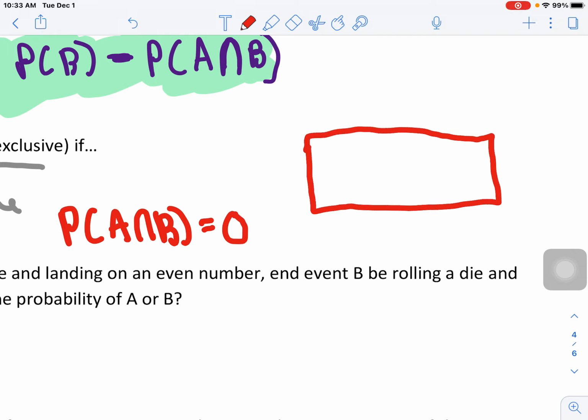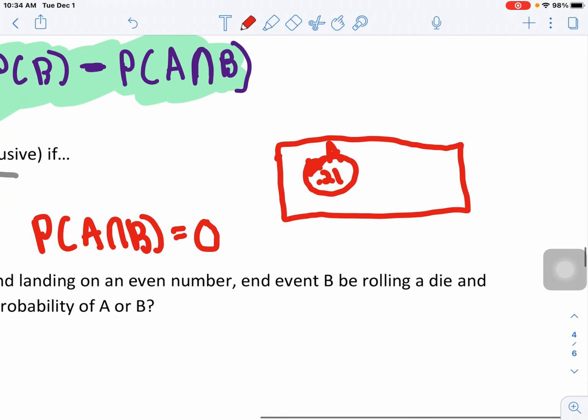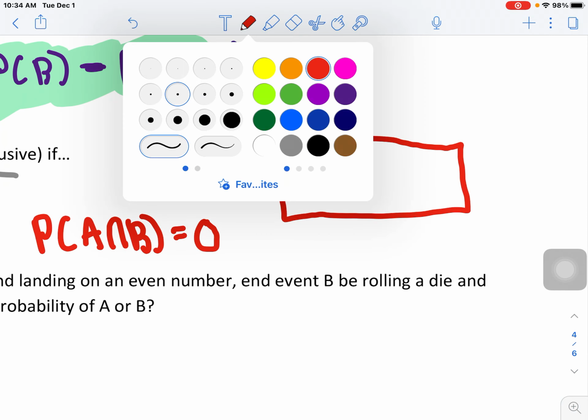So let's say I was at the high school and I said, the probability that I pick a random student and that they are 15 years old, let's just say it's 21%. So here is 0.21. We'll call this event A. This is the event that they are 15 years old.